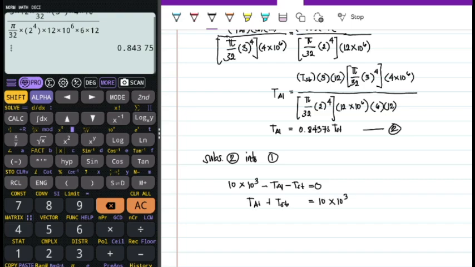Okay, so basically I transferred T_AL and T_ST to the other side of the equal sign.